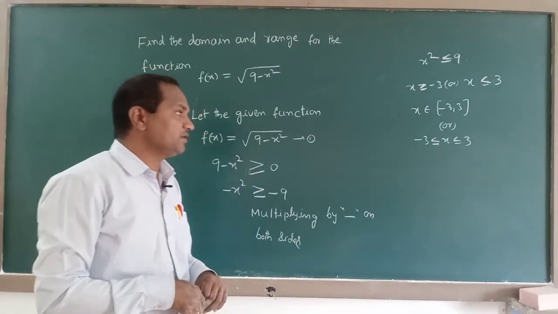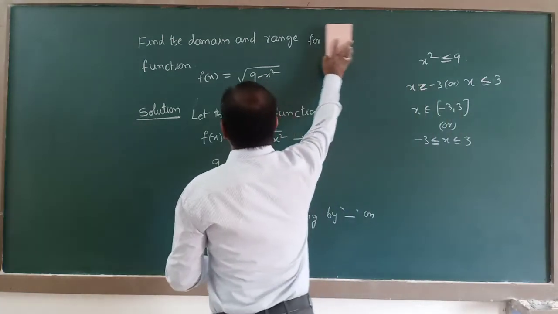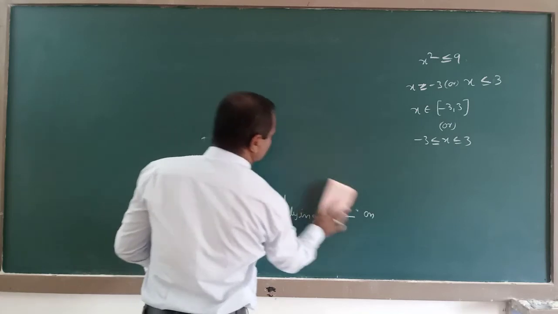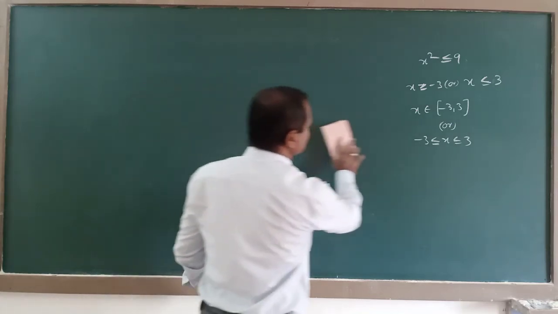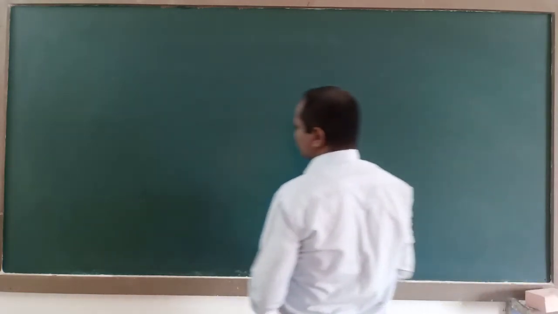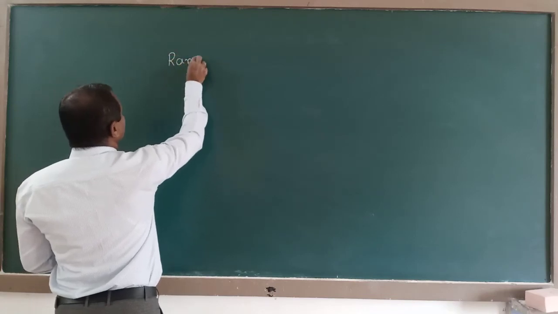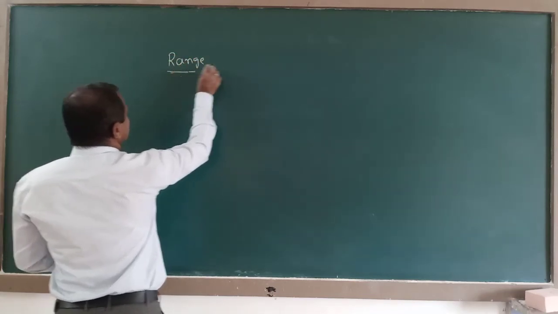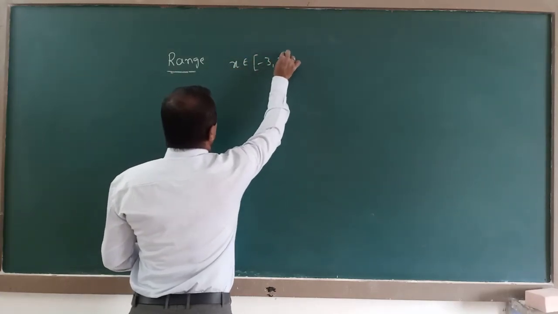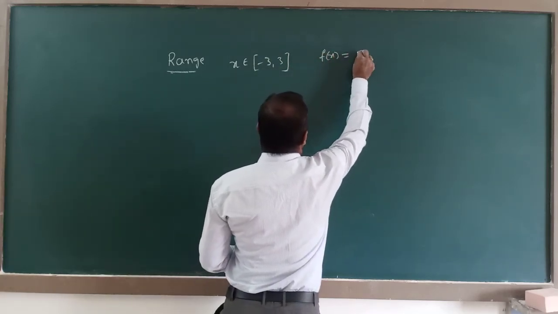Now let us discuss the range. We got this x belongs to minus 3 to 3 with the help of the given function f of x equal to square root of 9 minus x square.